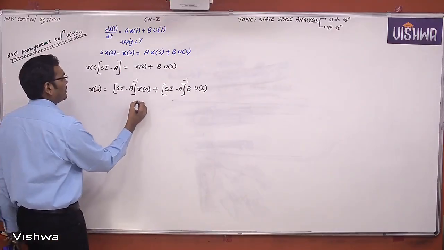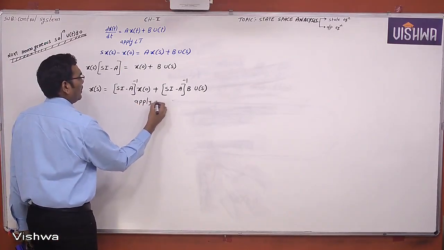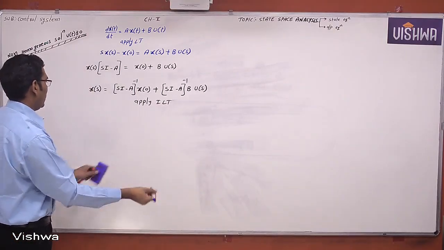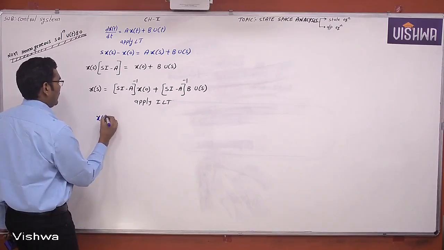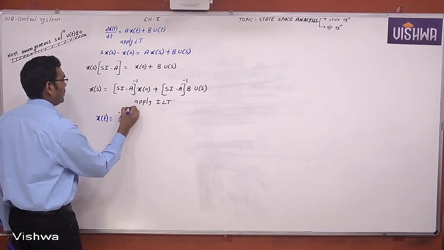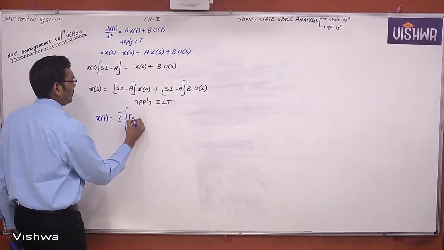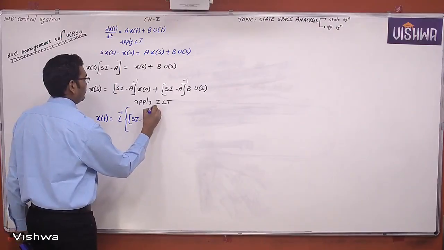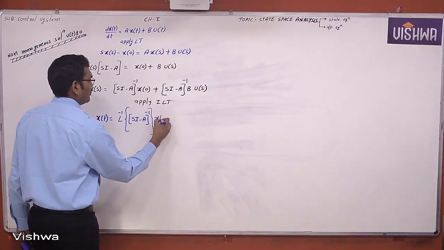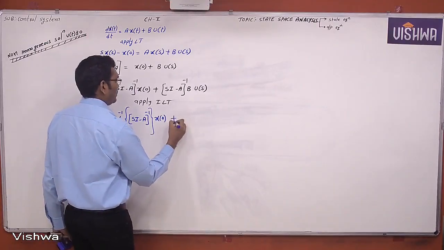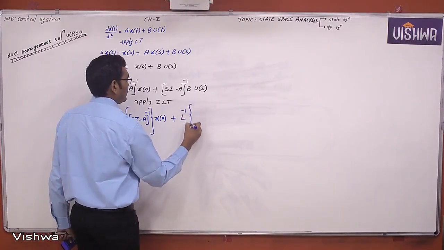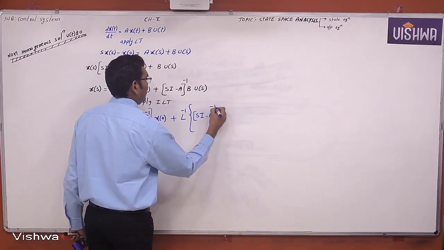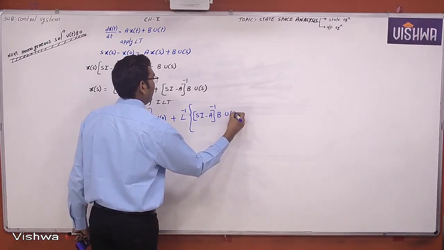Now if I apply inverse Laplace transformation, the inverse Laplace transformation of x of s is x of t, which is equal to the inverse Laplace transformation of si minus a matrix inverse into x of 0 plus the inverse Laplace transformation of si minus a matrix inverse into b into u of s.